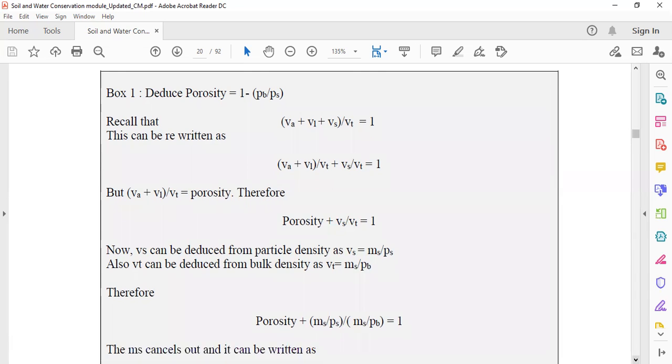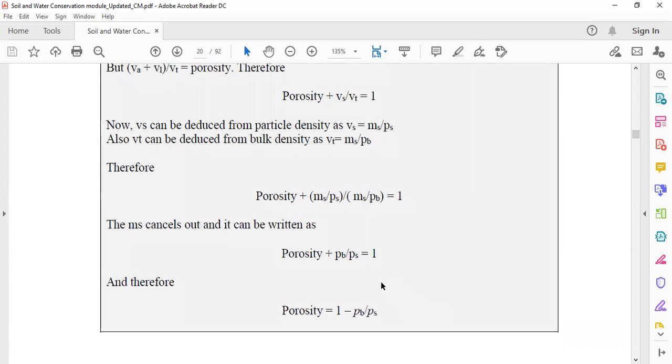In the end you're going to remain with just the bulk density and the density of the particles of the soil, which is the particle density, such that now your equation for porosity comes down to this. So that's how they actually derived it.